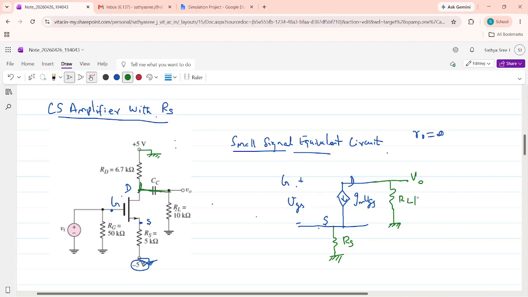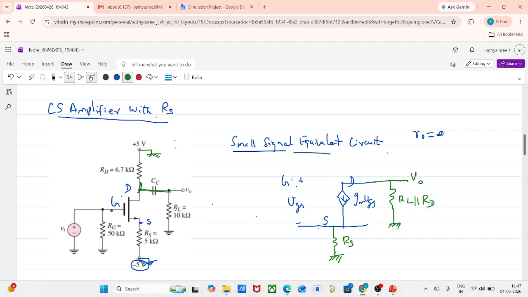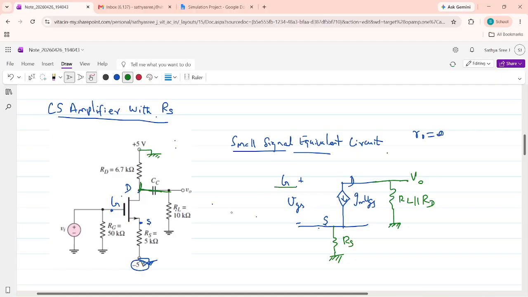Together I can write this as RL parallel with RD. And to the gate there is a gate resistance RG connected to ground. After that the input, small signal input voltage Vi. So this is the small signal equivalent model.